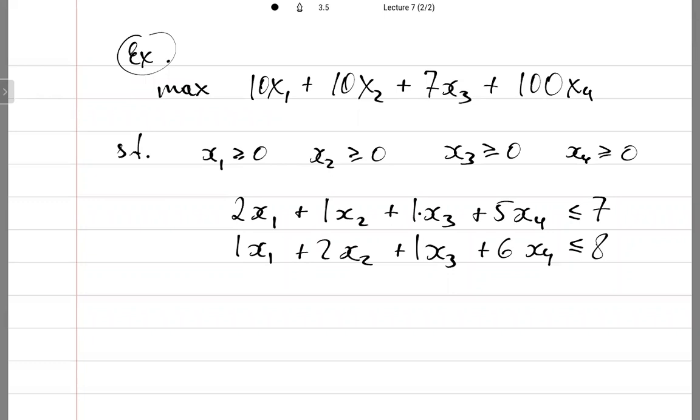I know that is too easy. No, I will write it as minimization. And here I will have it like that. Yeah, I like it. Now let's solve this problem.